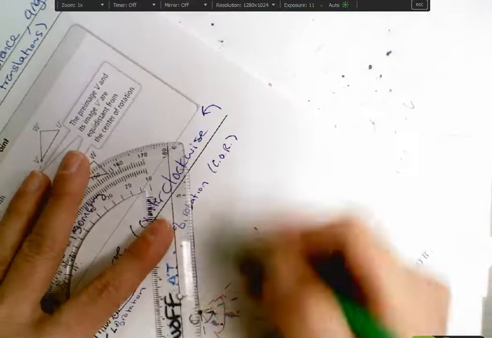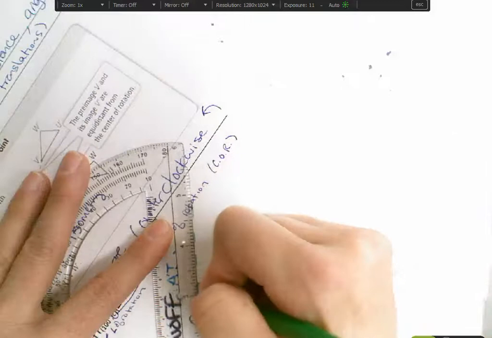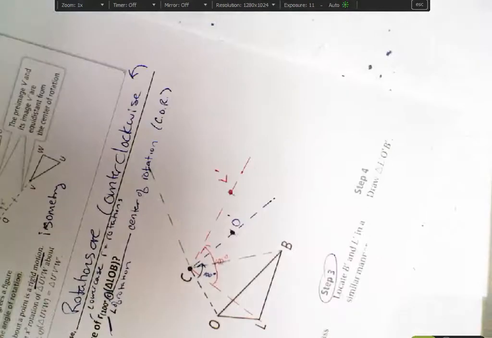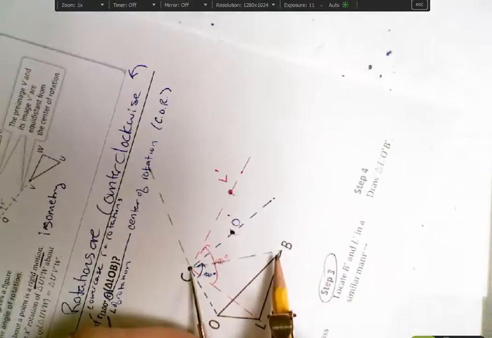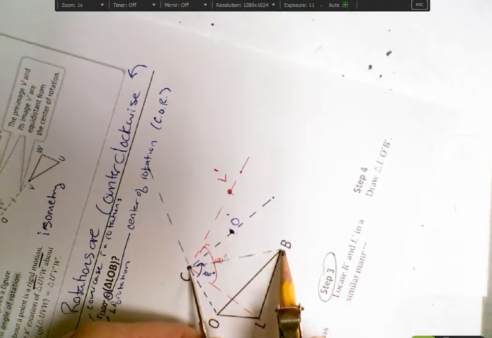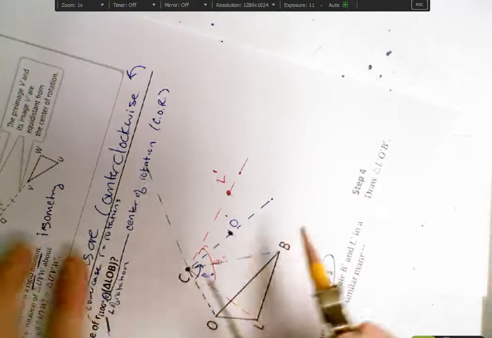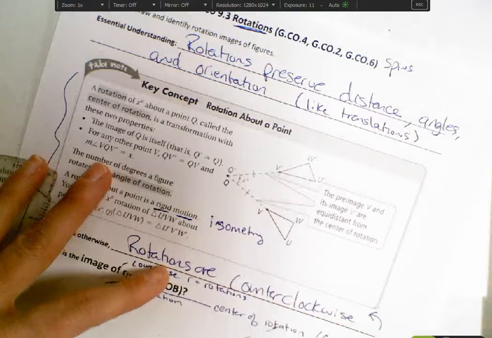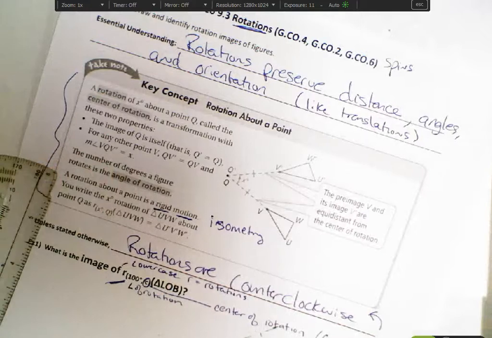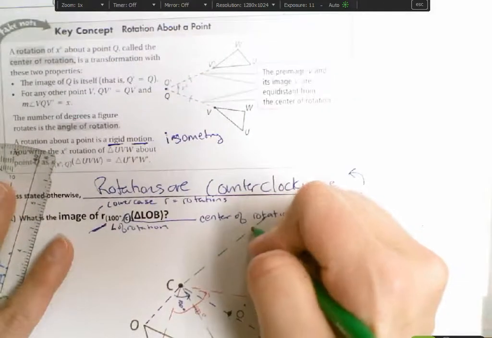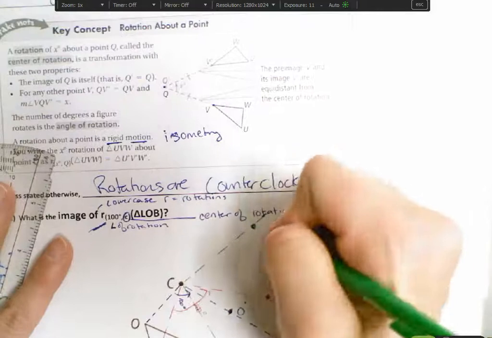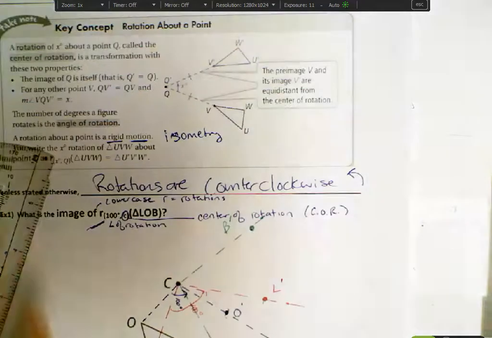I draw in that ray. I find the length using my compass. The distance from the point of rotation to the vertex is that wide. So I go up here and I mark it on my green line. That becomes my B prime.